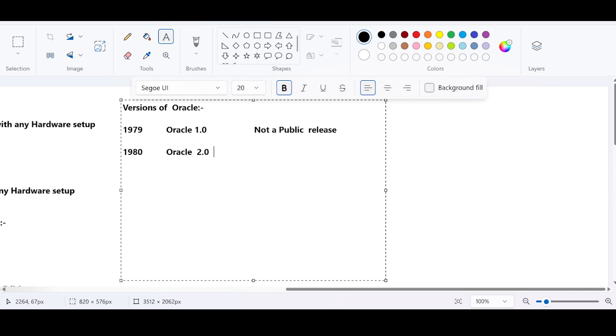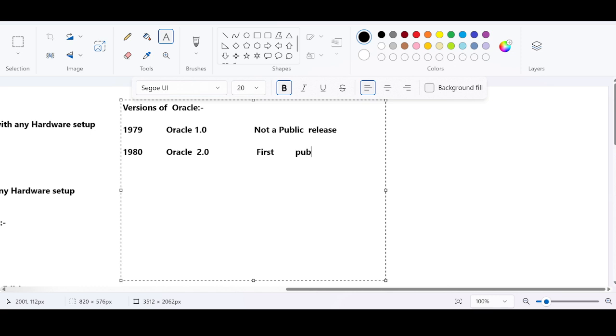That's why in the interview, if asked what the first release in Oracle is, you should say Oracle 2.0 is the first release. Then what about 1.0? 1.0 is not the first release because it was not publicly released. It was used for the corporation itself.